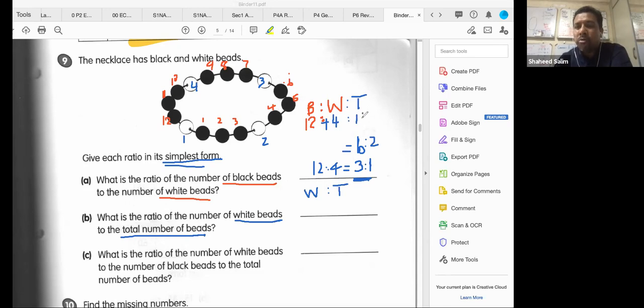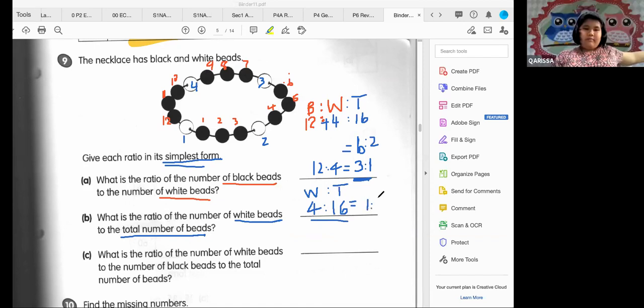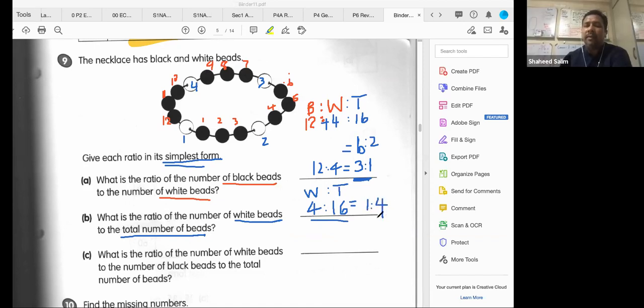So I will write it down somewhere on the paper. White is 4, total 16. But again, if you write this as your answer, 4 to 16, you can divide by 4. What do you get? 1 is to 4. So 1 is to 4 is the best answer, the correct answer.